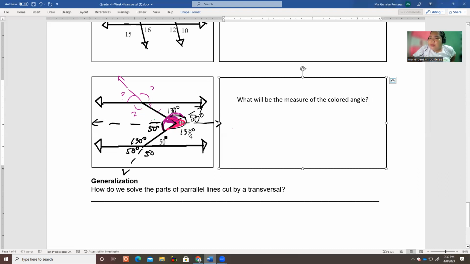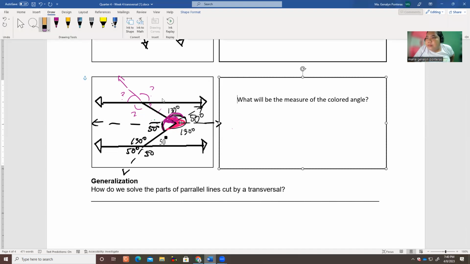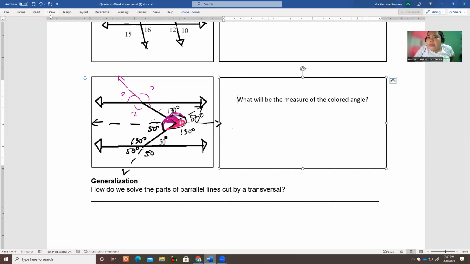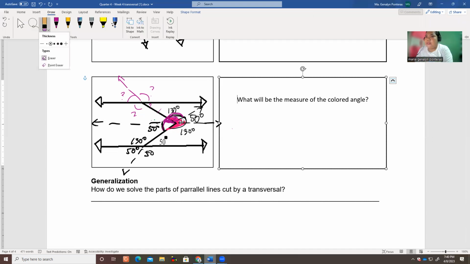Maybe corresponding angles. Maybe you would like to erase this one. Let's erase this one.